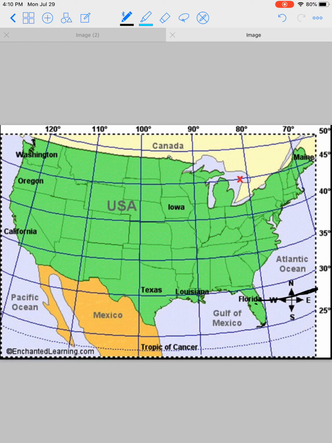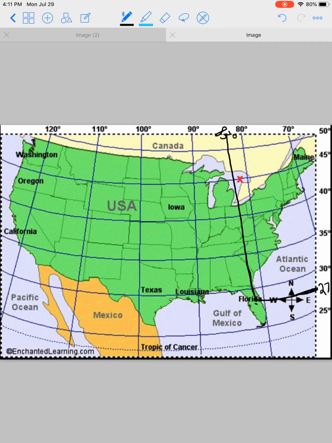So I'm going to say that that's 27 degrees north. And then if I take my pen and I follow the D as closely as I can, all the way up the longitude line, it's closer to the 80 than to the 90, and these are divided in increments of 10. So I'm going to say this is about 83 degrees west.